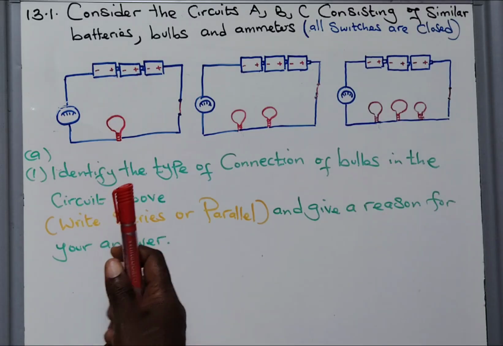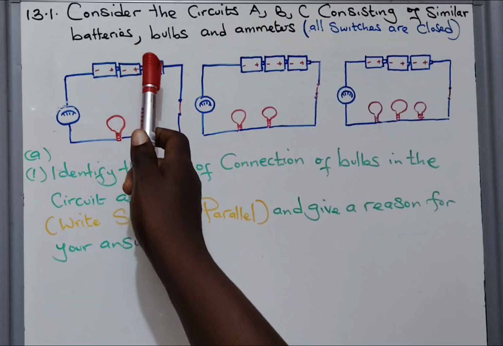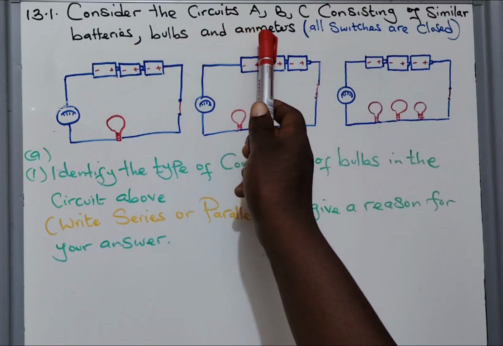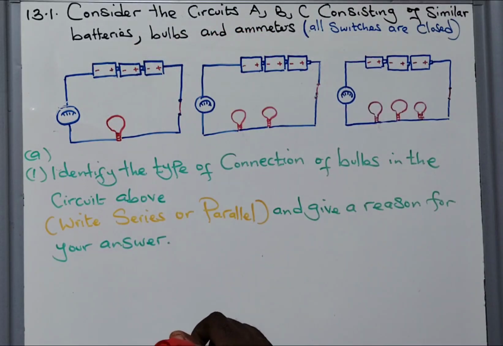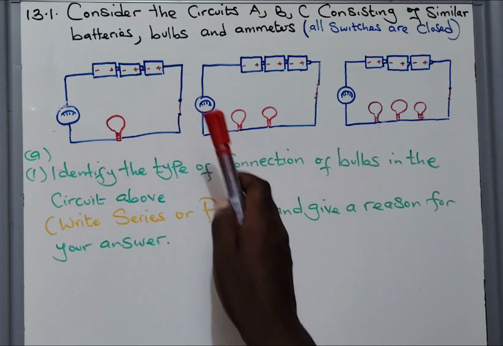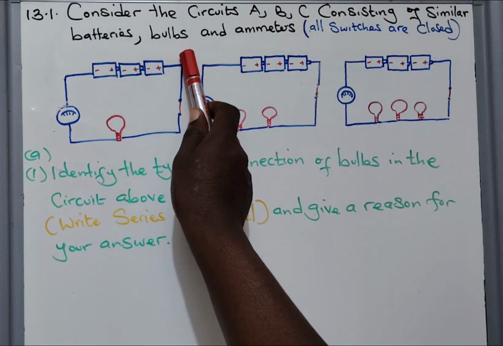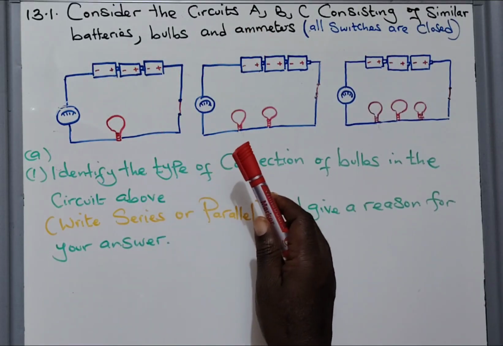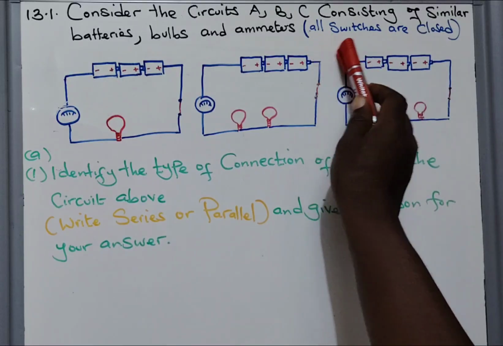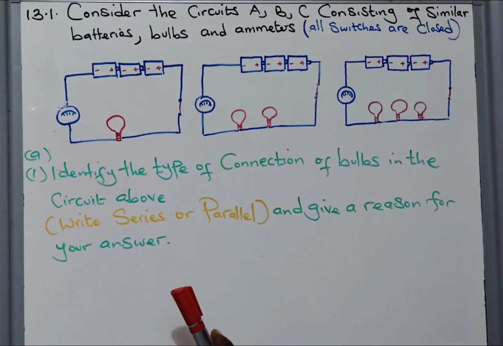Today we're looking at this question. It says consider the circuits A, B, C, consisting of similar batteries, bulbs, and ammeters. All switches are closed.